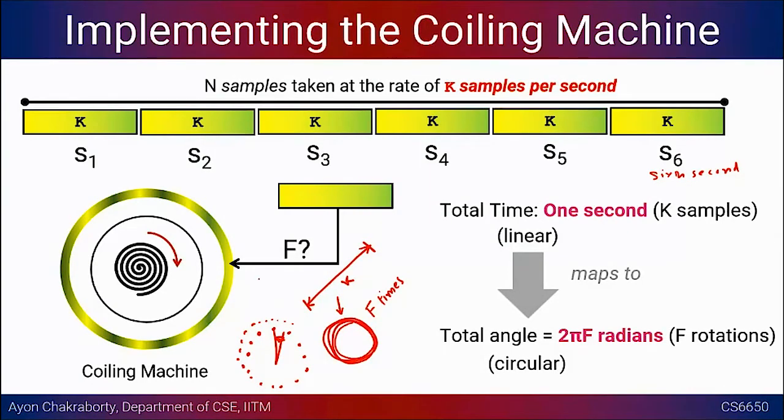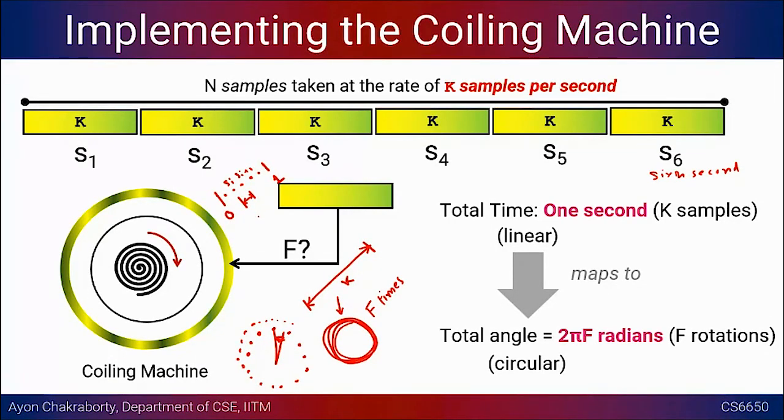In the linear domain, the sample spans some time, because every sample is picked up after a certain interval of time. In 1 second, you have k samples. This is 0 seconds start, and this is 1 second. Within this 1 second, you have k samples, so there is some interspacing between sample i and sample i plus 1, and that interspacing depends directly on k.